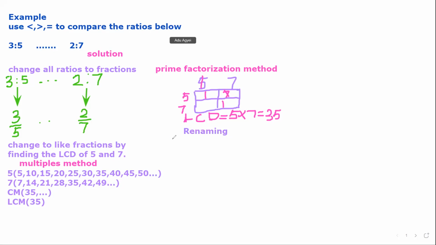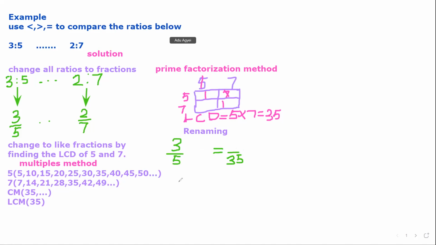So when you take the 3/5, we said you leave a space, okay? Then our new denominator here is supposed to be 35, okay? Good.